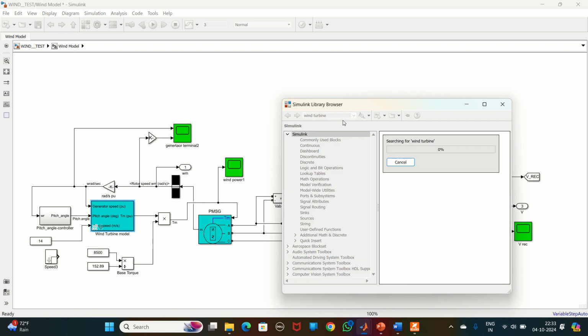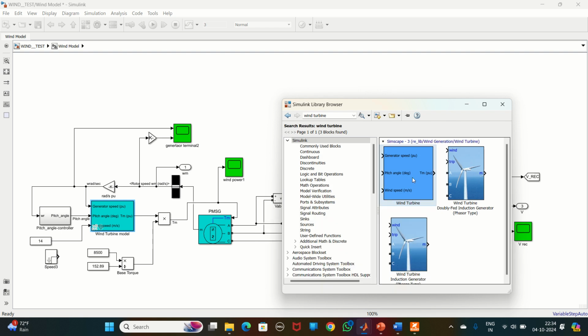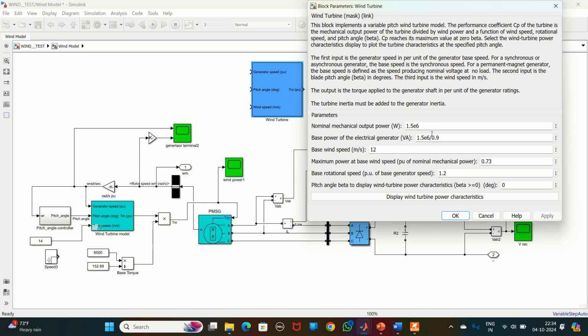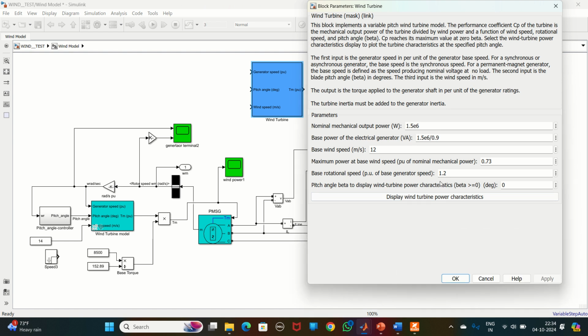Then in your advanced version, you can do it like this. You take this wind turbine model, and the default values will be there.